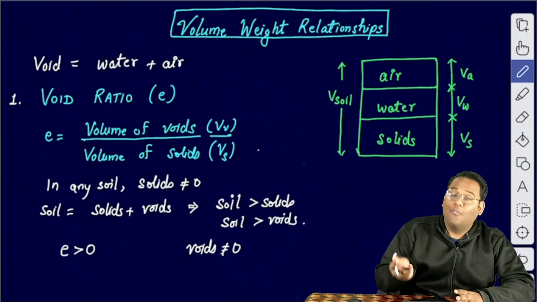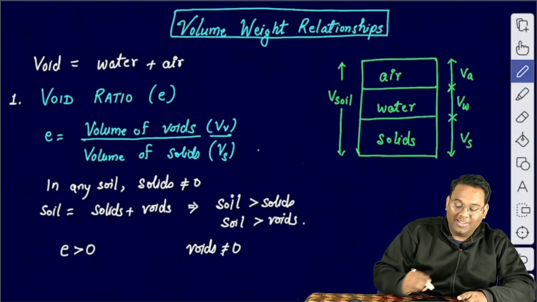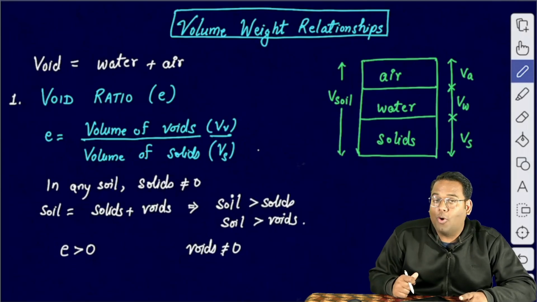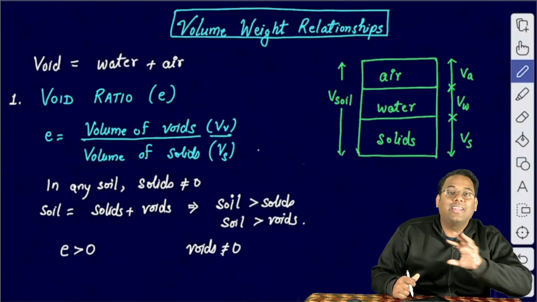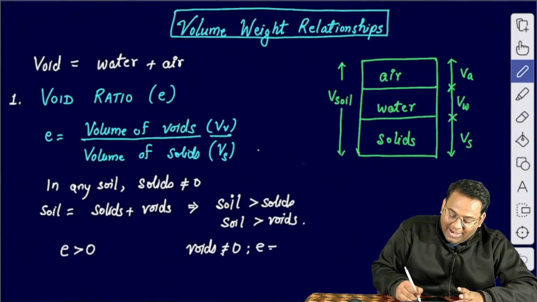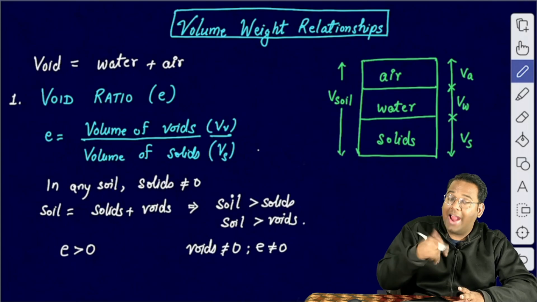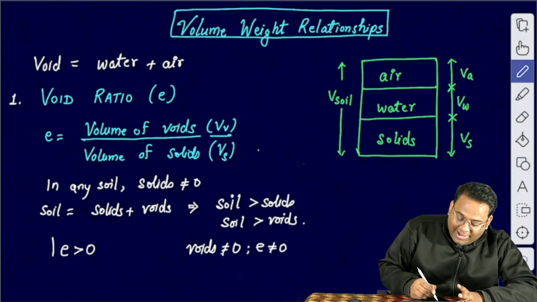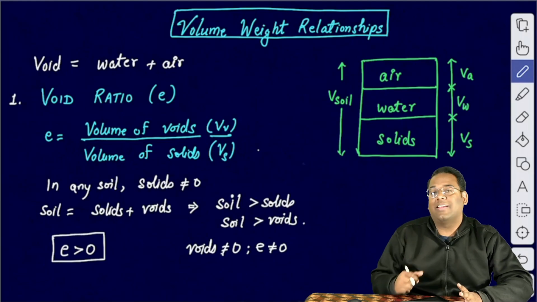Fine. So as voids cannot be 0, we can say that the value of this e, in which the numerator is the void volume, can never be equal to 0. So e can never be equal to 0 and e should be positive. That is why I have kept the range of e as always greater than 0.